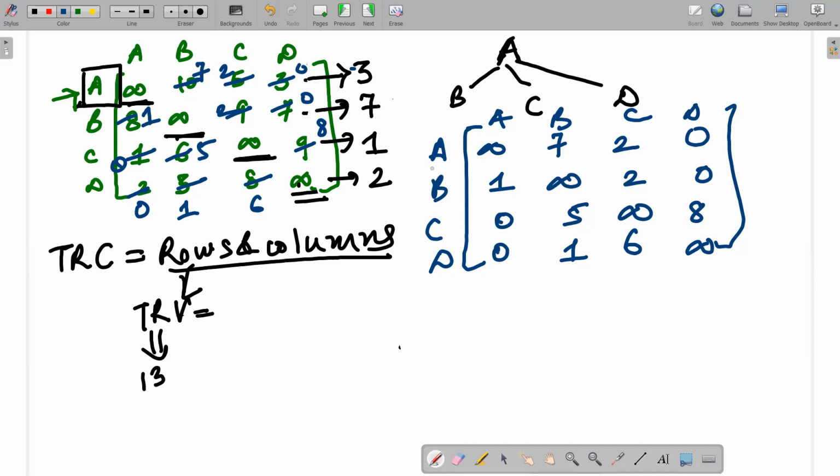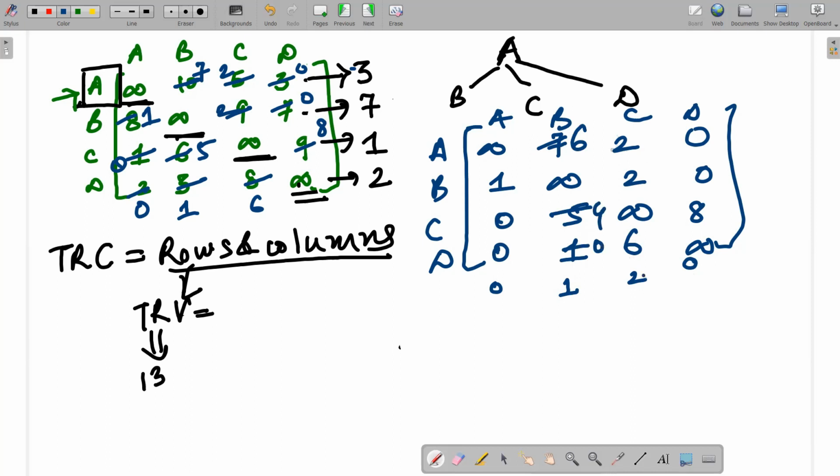After that, we will do the column reduction also. The column reduction value can be calculated by finding the minimum value amongst each column. So infinite, 1, 0, 0 gives a minimum of 0. 7, infinite, 5, 1 gives a minimum of 1. 2, 2, infinite, 6 gives a minimum of 2, and the last column's minimum value is 0. If 1 is reduced from all, this becomes 6, this becomes 4, this becomes 0.